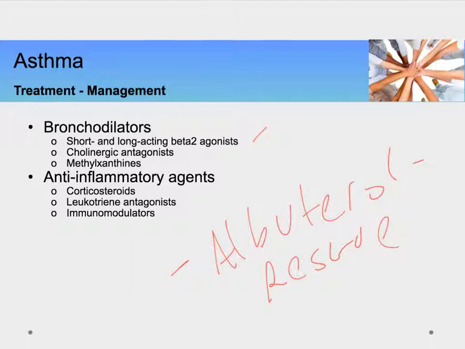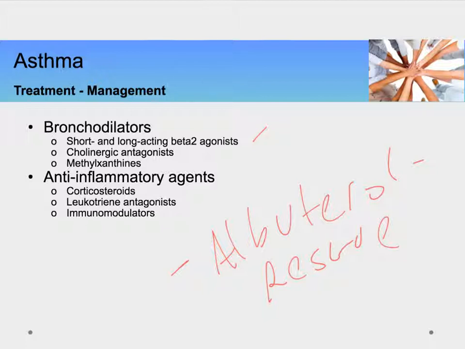When they shake the inhaler up and give it a little puff, the spacer keeps the medication in there until the patient is able to take a deep breath in. They have to take a deep breath in and hold it, and keep that in their lungs and let that medication get down into their lungs.